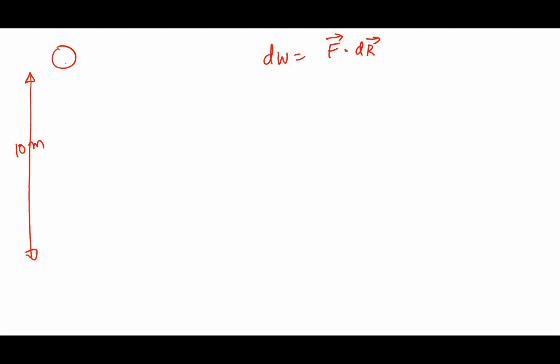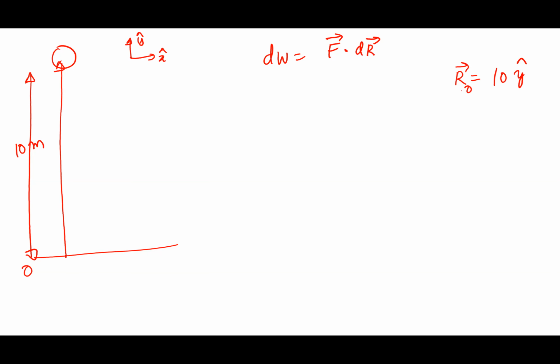So first, we will choose a coordinate system. We will choose this as our x hat and y hat, and I'm going to pick this as my origin. And so the ball is initially at r0 equal to 10 y hat.